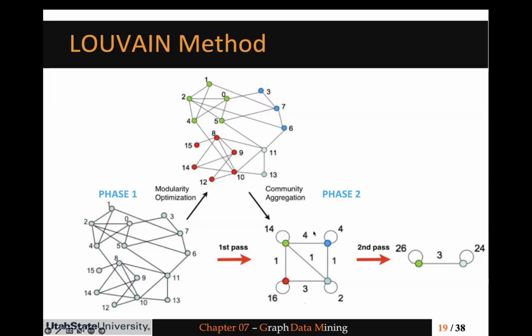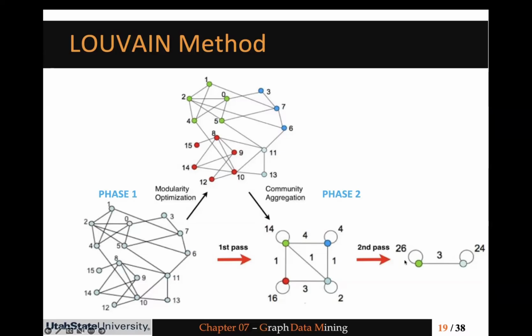So now the second pass of the algorithm is nothing but applying the phase one modularity optimization to the new condensed graph that I just have over here. If you do the phase one modularity optimization on my community aggregated graph, you might have noticed that if you combine the green and the dark blue communities together by forming a new green community, which I am highlighting here, and combining the red and the light blue together by forming a new light blue community that I'm highlighting all the way to the right side here, will give you a delta Q which is positive, right?